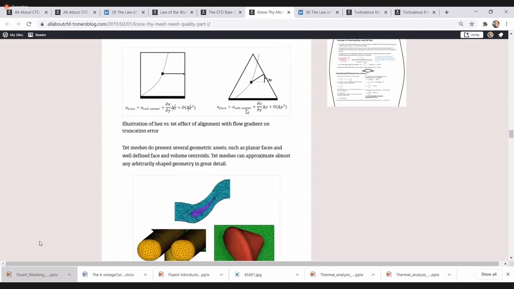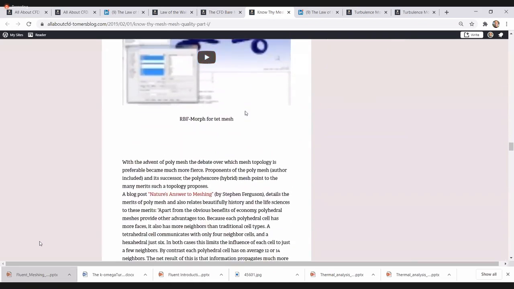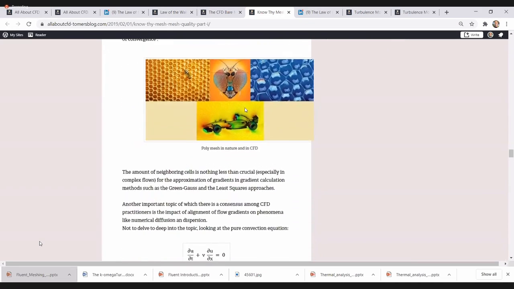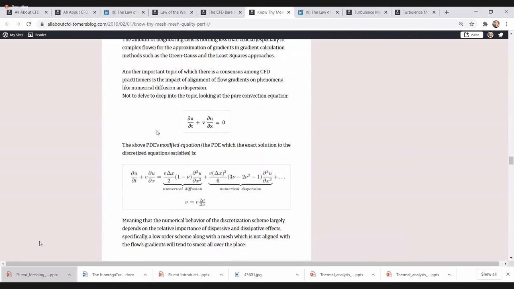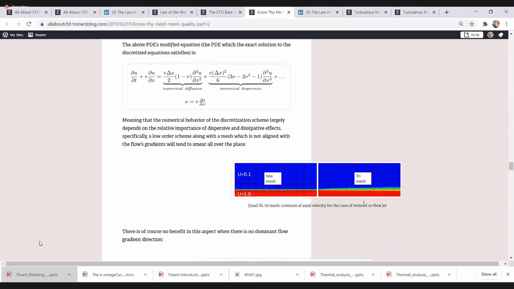Tet versus poly, we've talked about before. Here you see again the issue of hex mesh when the flow is aligned, and when the flow is not aligned with the faces in trim and tetra mesh, you have truncation error, numerical diffusion, and numerical dispersion.